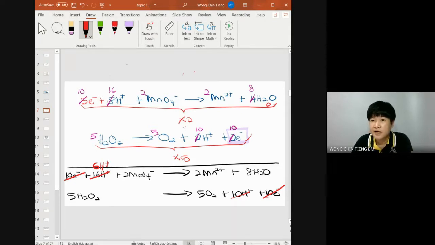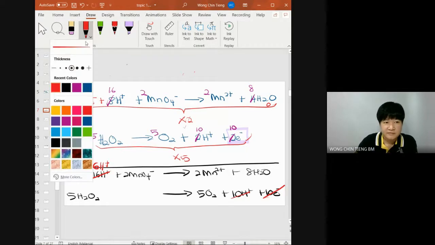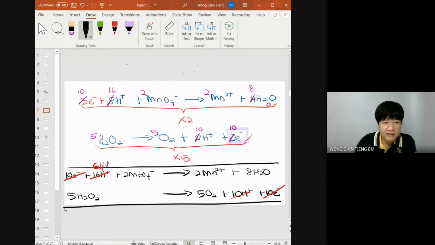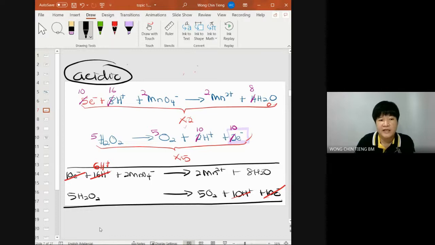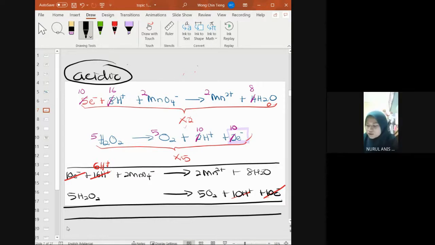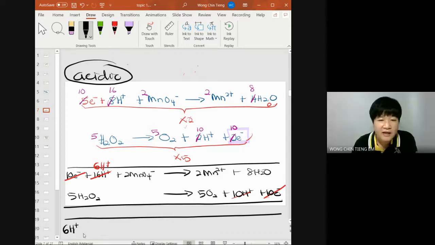Okay, apa lagi yang repeat dalam ni? Anybody? Anis Syahira? Ada lagi benda yang repeat? Tak ada dah. So, Anis Syahira, kalau kita adalah acidic medium, kalau teacher tanya pasal acidic medium, can I have your final answer? 6H plus tambah dengan 2 MnO4 minus.